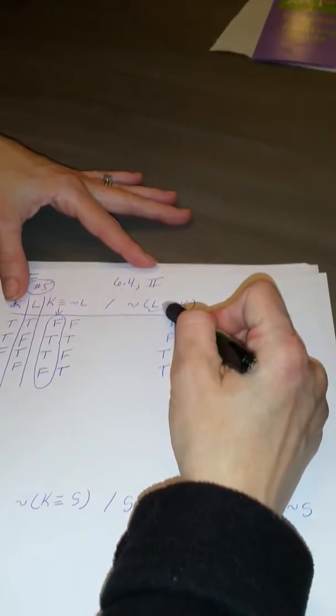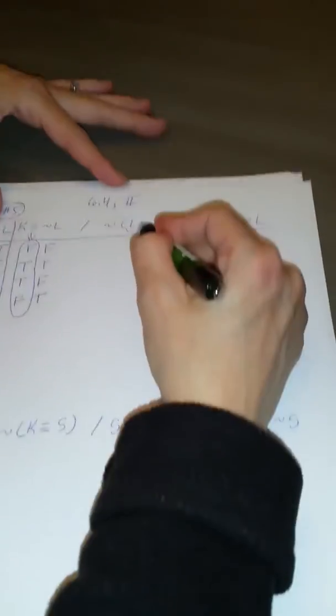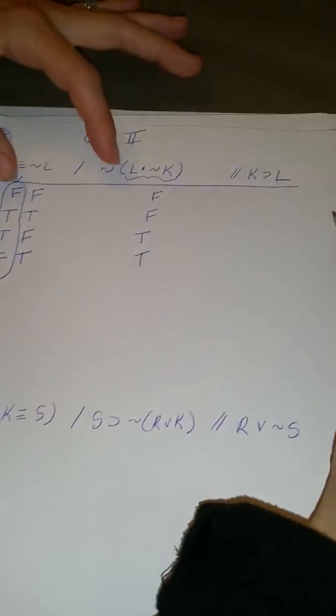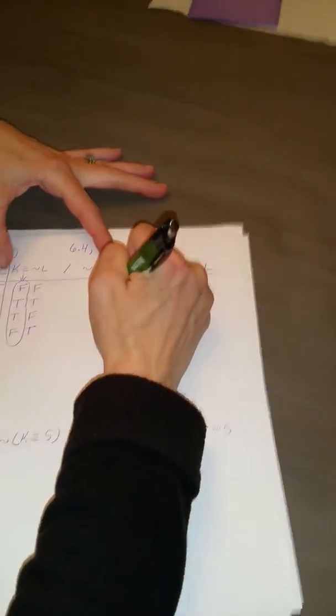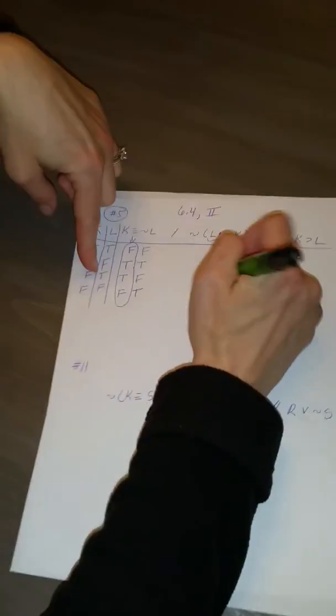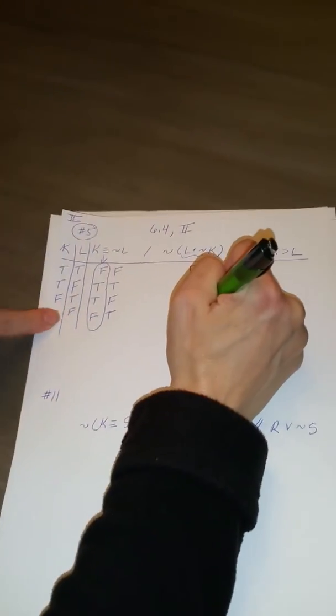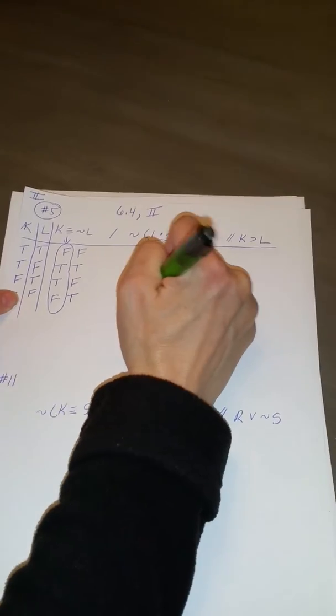And now I'm going to do the conjunction, and a conjunction is only true when both sides are true. So if we're looking at L and K, we have false, false, and then we have true and true is true, false and true is false.